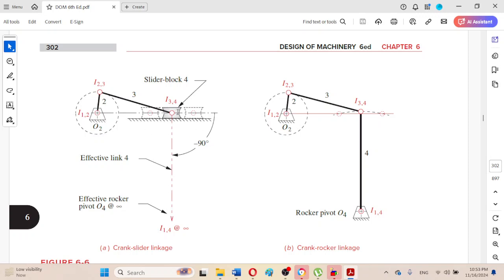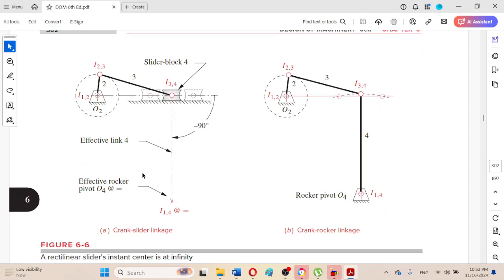Here we can observe that this point is the permanent center I3, 4, and the author has shown that the effective link number 4, the rocker link, is infinitely long and its grounded pivot is at infinity, effective rocker pivot O4.